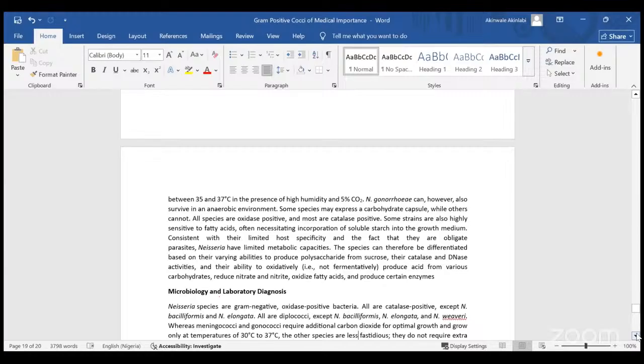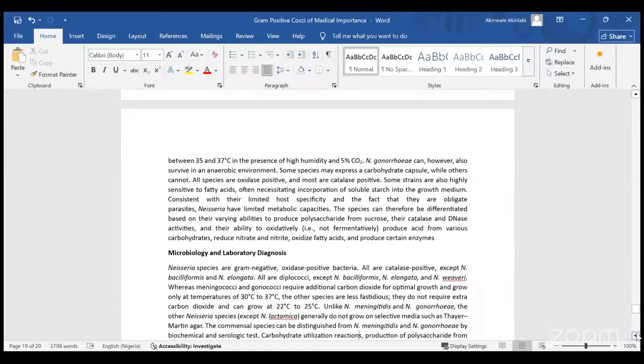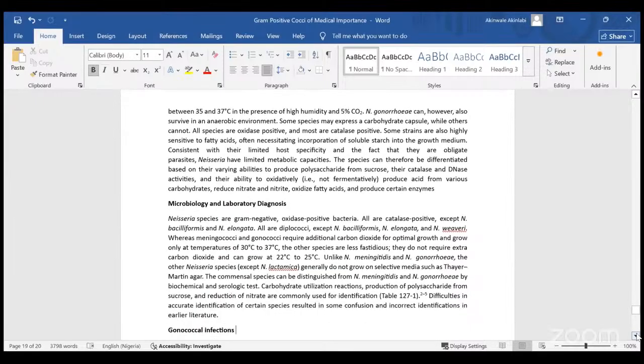They have another characteristic. They can survive in an anaerobic environment. Though they are not anaerobic organisms, they can survive there. Some species may express a capsule, so some may be encapsulated while others may not be. Then microbiology and laboratory diagnosis: Neisseria are gram-negative, oxidase positive.